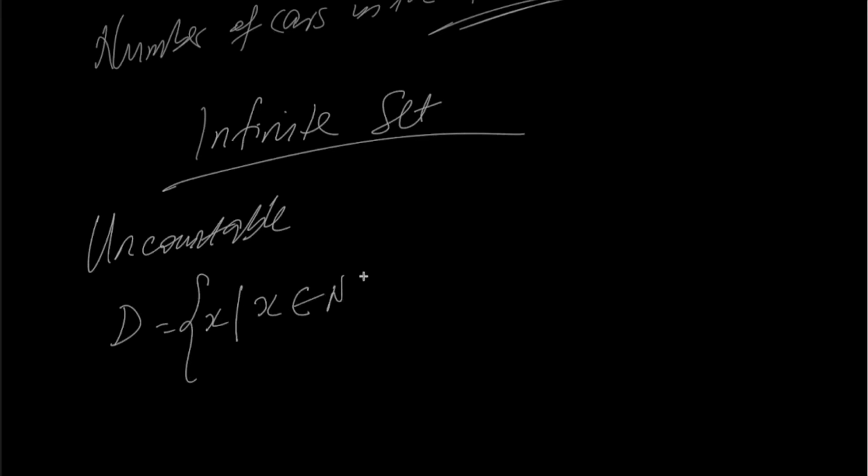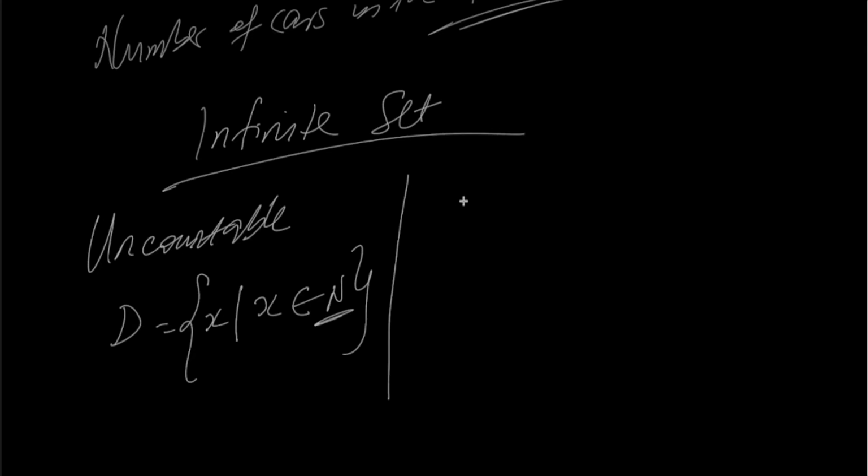But for this one, if I say D is equal to S, such that S is an element of N, where N is what? Natural numbers. These natural numbers, you agree with me, they are all countable. Start from 1, 2, 3, 4, 5. When are you going to stop? Also, you agree with me that all integers are also countable.